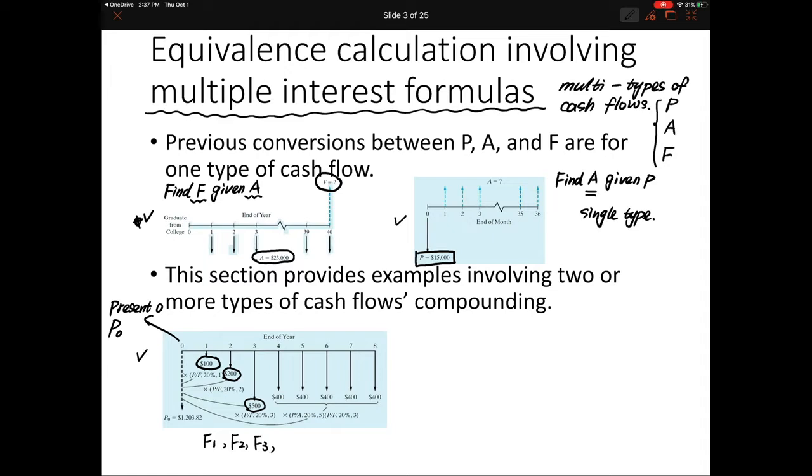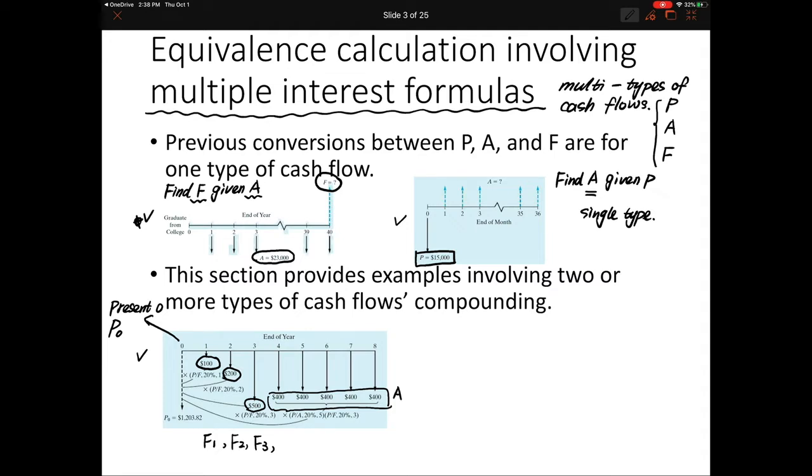So there are multiple cash flows. Although they are the same type, they are all future values, there are multiple ones with different amounts. And beginning from the end of the 4th period, you can see on this diagram, we have an annuity, which is $400.